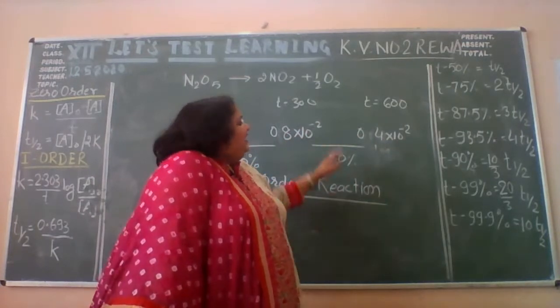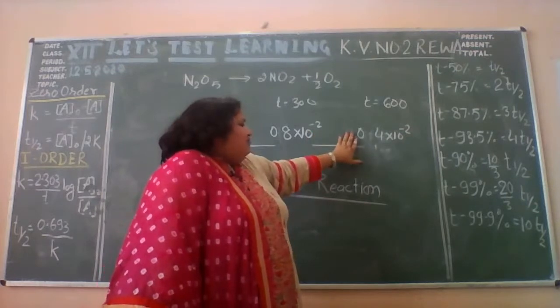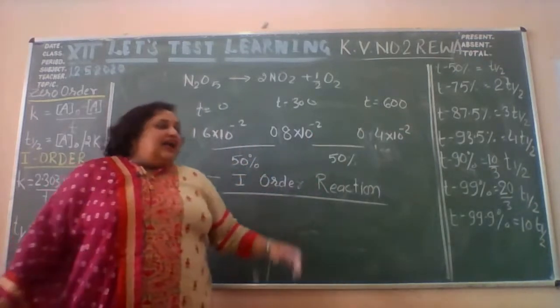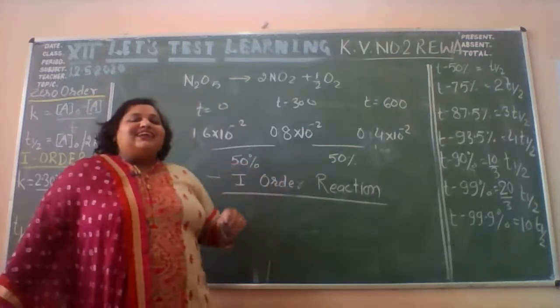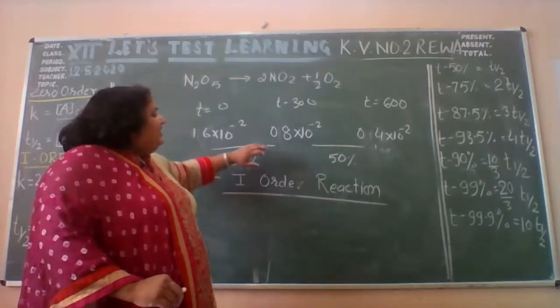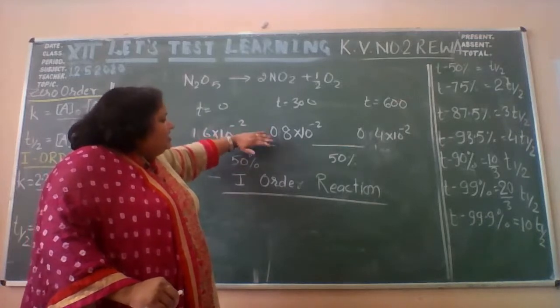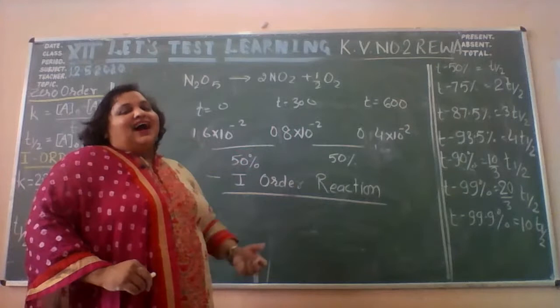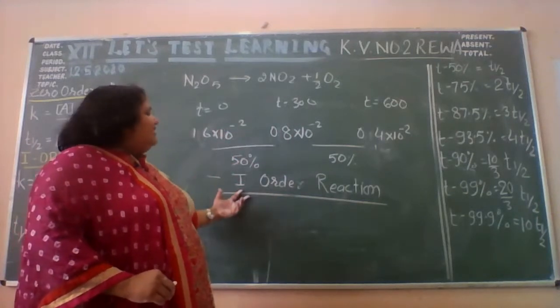What has been done? The 50% has completed, and this is the definition of the half lifetime period. And the very important thing that in the beginning I revised, that the initial concentration does not make any difference in the half lifetime. This also you can see here.